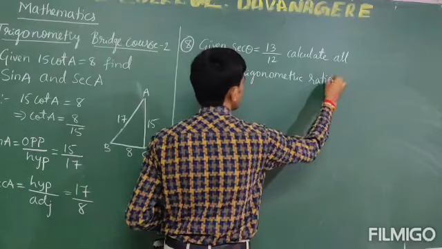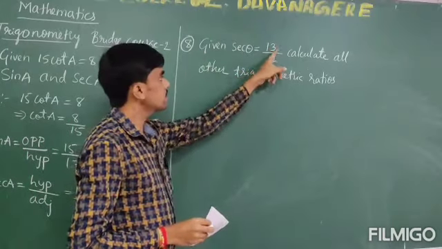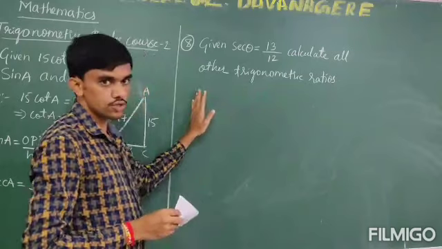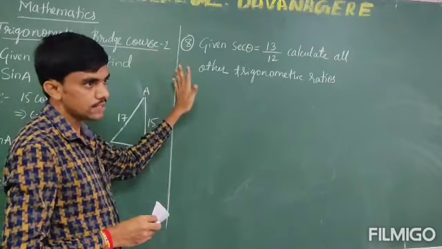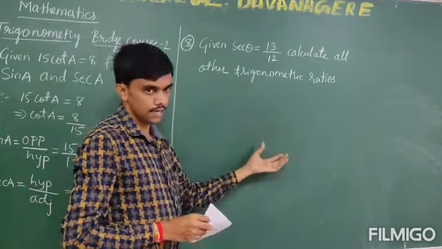Calculate all other trigonometric ratios means what? We have to find the value of sin theta, cos theta, tan theta, cosecant theta and cot theta.